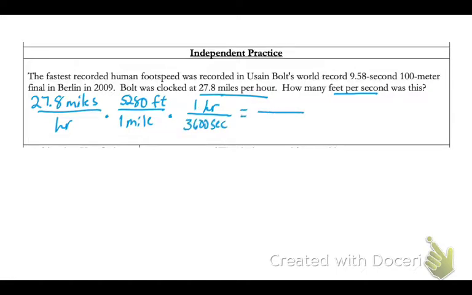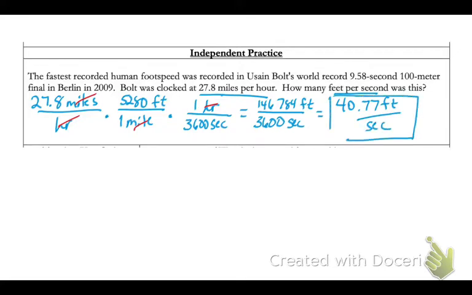And so now just analyzing those units, see how the miles divide out, the hours divide out, and we're left with feet per second. And now if you divide out your number values, we will get 40 and 77/100 feet per second.